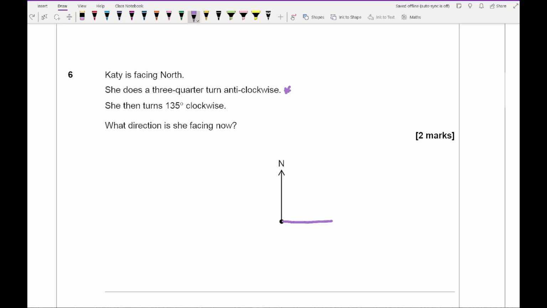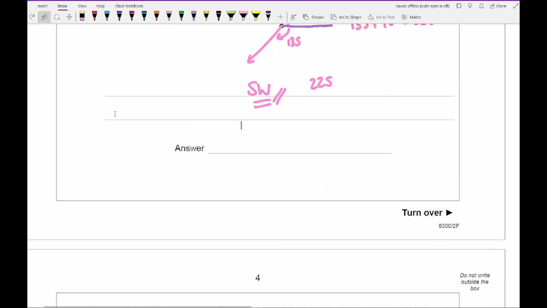And then from that point, we're then going 135 degrees clockwise, in which we end up in this direction here, which is southwest, and is at 225. So again here, if we measure this as being 90 degrees, this as being 135, so 135 plus 90 is 225, but again the direction is going to be southwest.